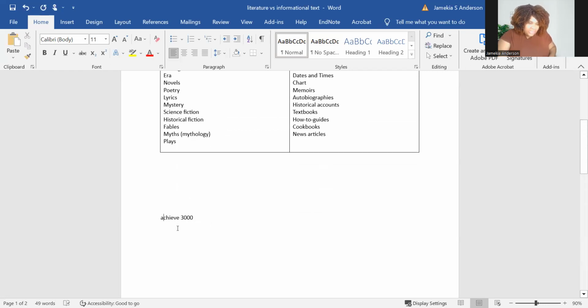So Achieve 3000, if your school or county provides it, usually started out for us as informational text, but it does have a lot of literature in it as well. A lot of science fiction. So if your kids are into that, it was a great resource. I think the other one was News ELA.